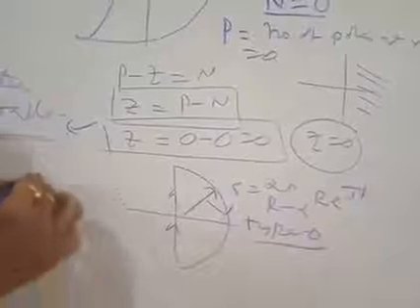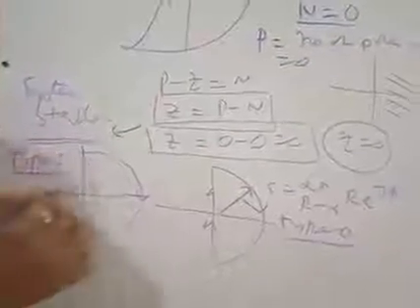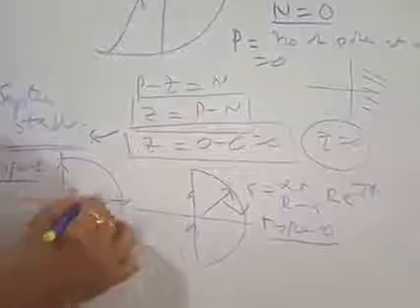If this is type 1, for a type 1 system there is a bypassing of this 0. So this is the Nyquist contour for a type 1 system.